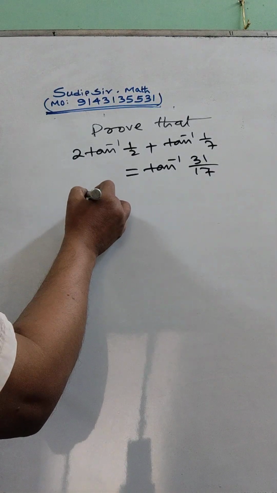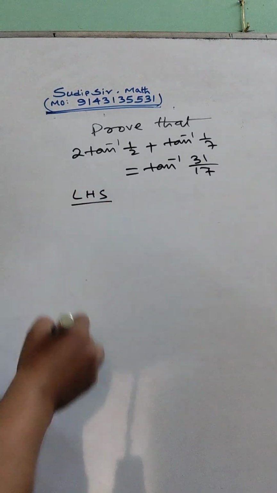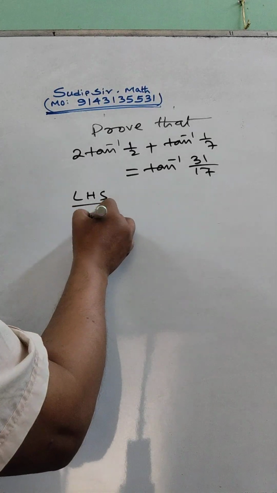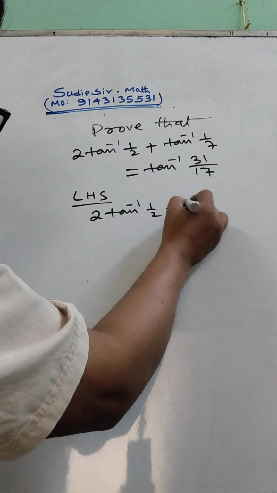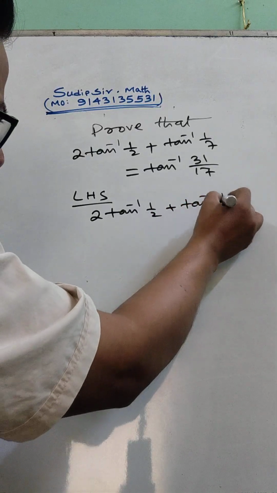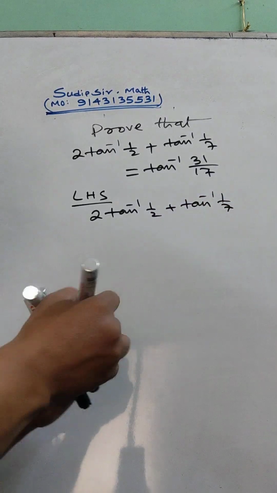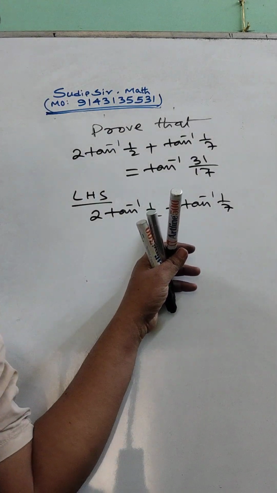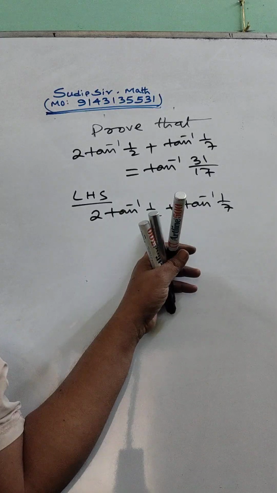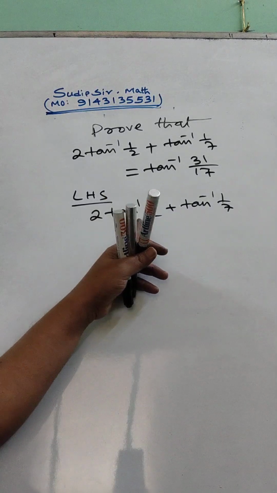So we will take the LHS: 2 tan inverse half plus tan inverse 1 by 7. Now we have to check the condition for 2 tan inverse x.